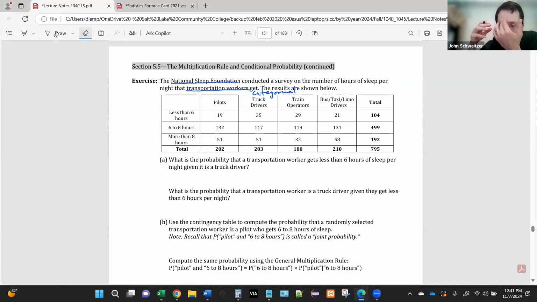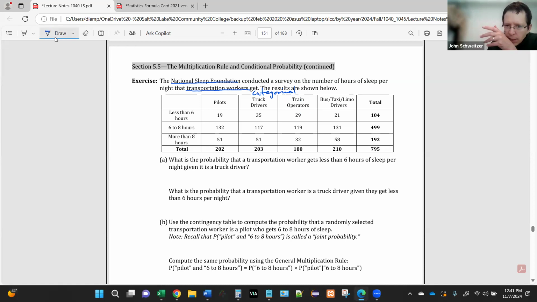We want to see if there's some kind of relationship between the amount of sleep they're getting and what sector of the transportation industry they're in. So it's a contingency table, and for example, the 58 here, these are all bus, taxi, limo drivers who are getting plenty of sleep. The 19 here, these are pilots who are not sleeping enough, which could be a huge problem for safety, right?